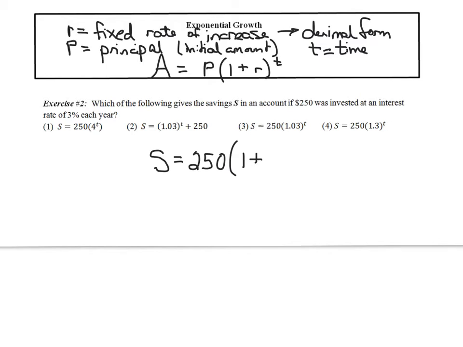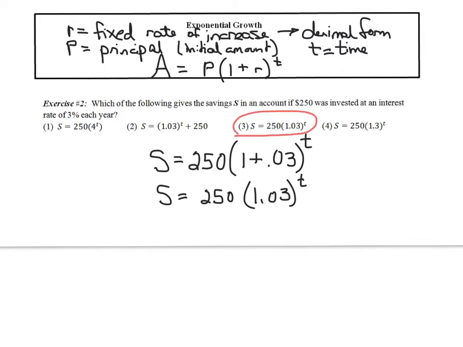So we see that that's 3%, so convert that over to a decimal. So 1 plus 0.03 and I'm going to call the t time. So therefore I see that this equation is S is equal to 250 times 1.03 raised to the t. This is just choice number 3. So take a look at that and make sure that that equation makes sense to you.